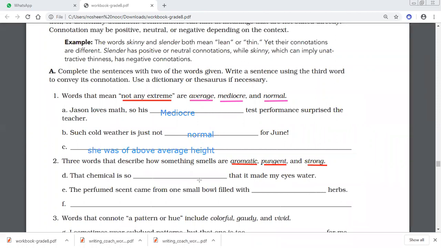What kind of smell would it be to make one's eyes water? Yes. Somebody answer. Pungent. Yes, it's pungent. Why? Because this kind of smell is really biting. It is a biting kind and it's really irritating.